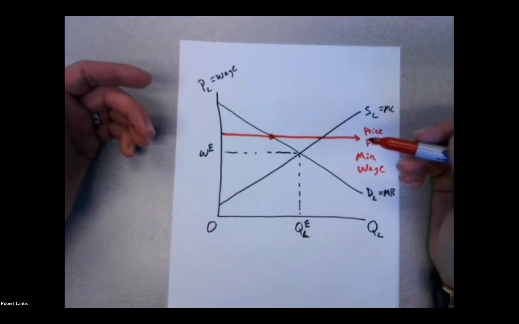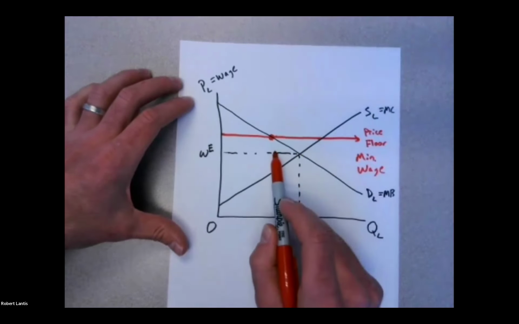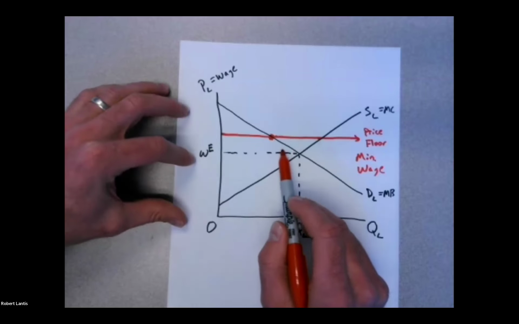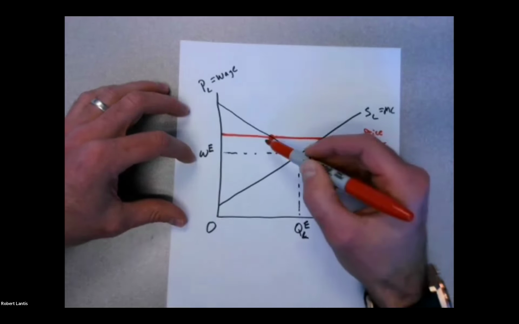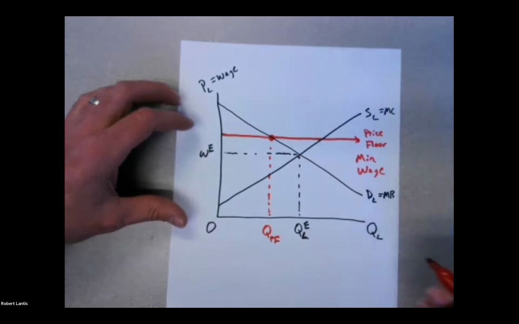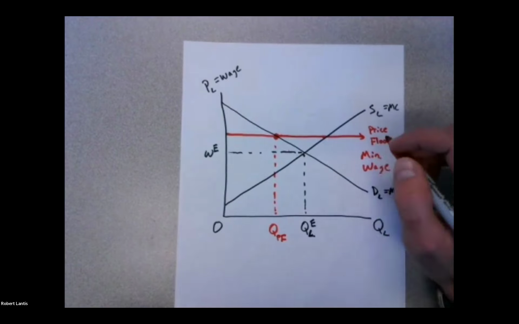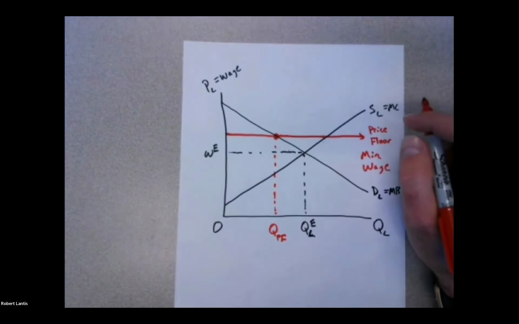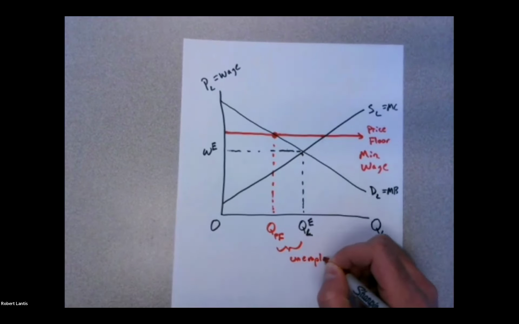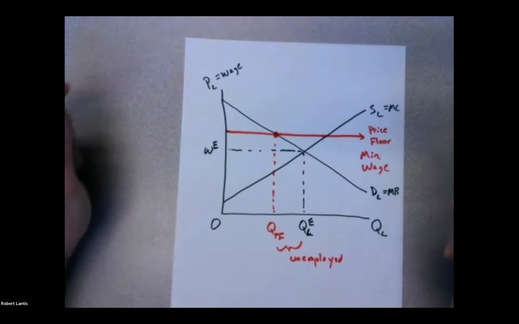No, the net benefits, or the surplus to them, past this quantity have now become negative. Before, at that old equilibrium wage, the difference between their marginal benefits and what they were paying their workers was positive, so they chose to go up to this quantity. After the price floor, I'm going to call this PF for price floor, we're now going to see a lower quantity. Now, what does a lower quantity of workers mean? These people no longer have a job, or they're unemployed. So we now have fewer workers being hired.